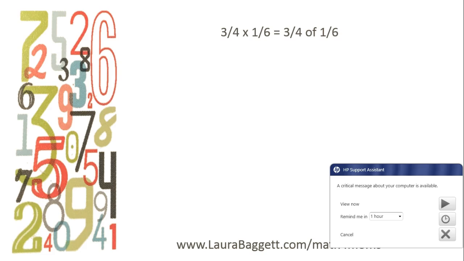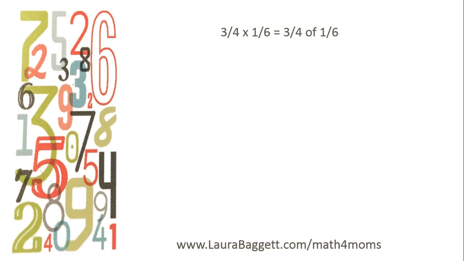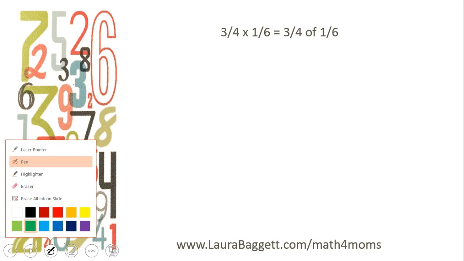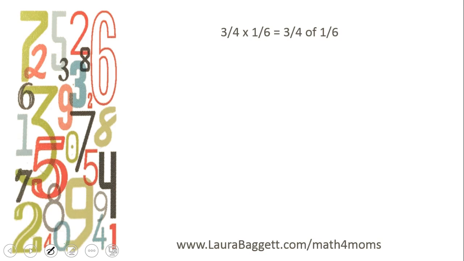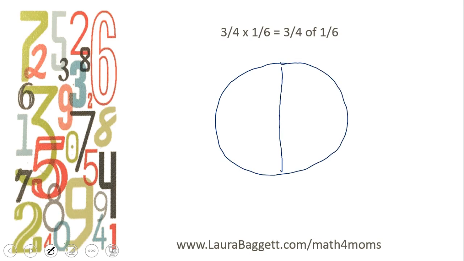Let's take it just a bit further. Suppose we have 3/4 times 1/6, or 3/4 of 1/6. Well, again, we can start in the same way, dividing into 6 equal slices. Okay.